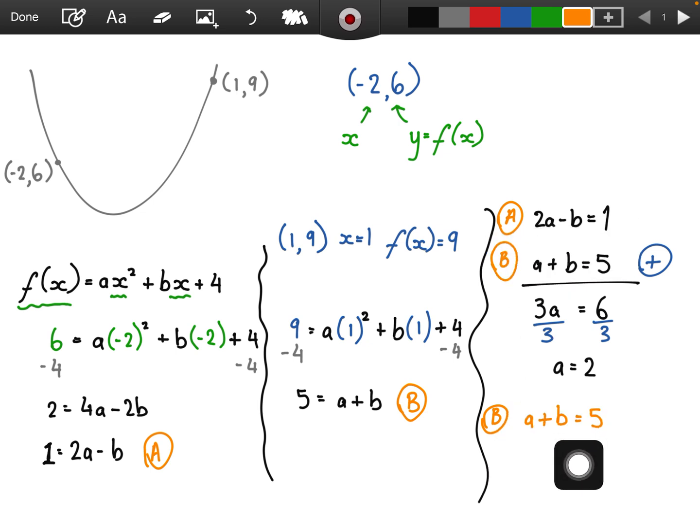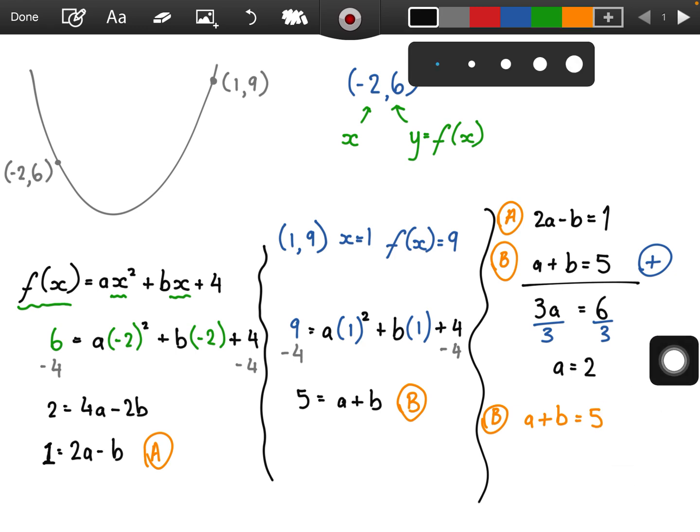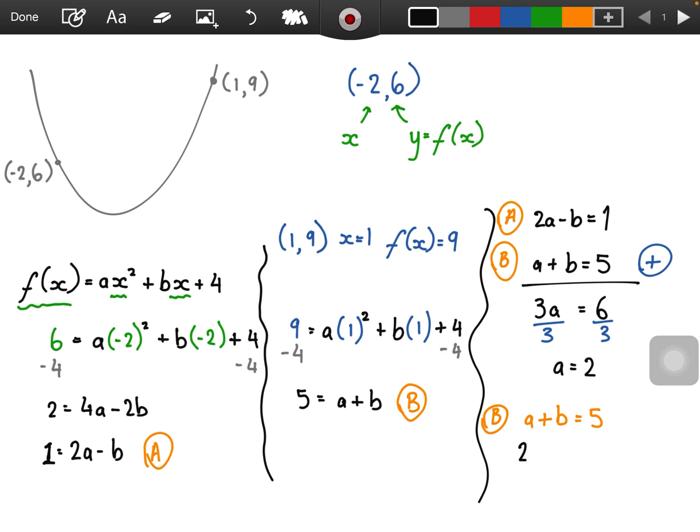But I am still writing out the information that I know so that the examiner can see what I have done. So 2 plus b equals 5, and then if you want to jump to saying b equals 3, that's okay. I'm showing that I am putting the first value back into one of the original equations. So a is 2 and b is 3.